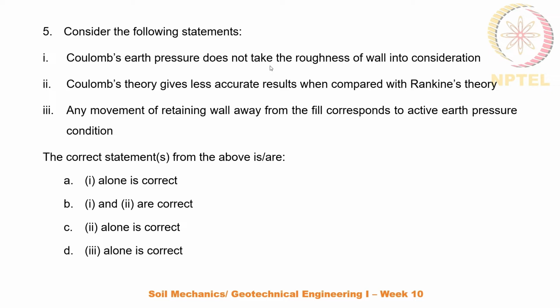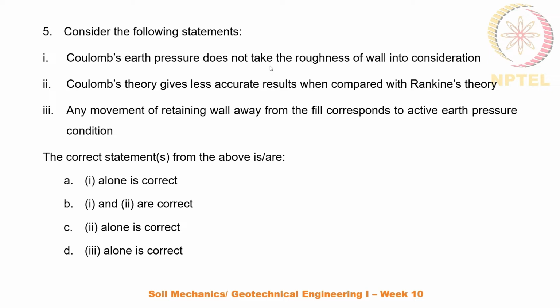The correct statements from the above are: option A, 1 alone is correct, option B, 1 and 2 are correct, option C, 2 alone is correct, option D, 3 alone is correct. So we have three statements. The first statement is that Coulomb's earth pressure does not take the roughness of the wall into consideration.